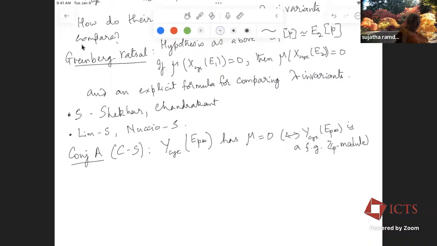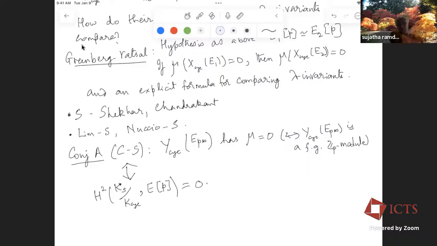And in fact, Greenberg already knew this, but I realized it and gave a different proof, and then realized after I had given the proof that Greenberg and Perrin-Riou were aware of this result, but my proof is kind of different. So this conjecture is also equivalent to saying, let me write, I'm over Q, say, in fact we make this conjecture more generally for any base field, that this is also equivalent to the p-torsion of the Galois group K_S over K cyclotomic being 0.